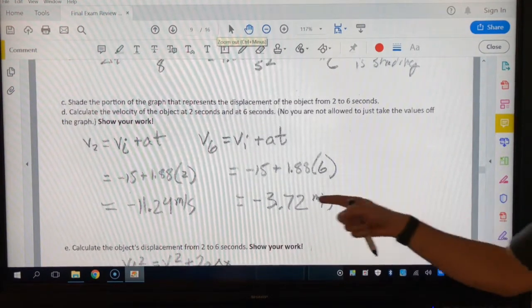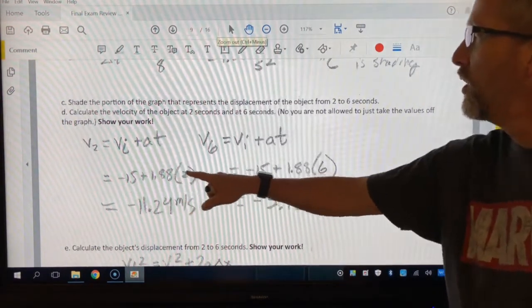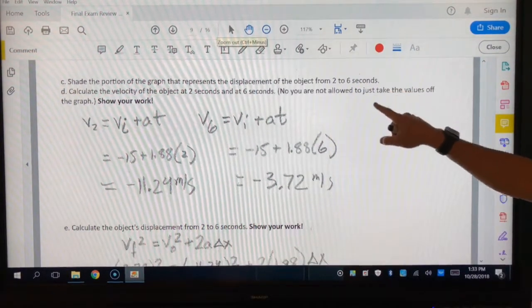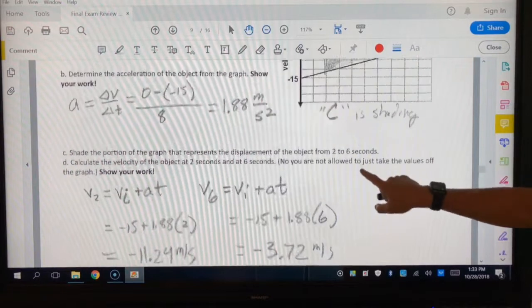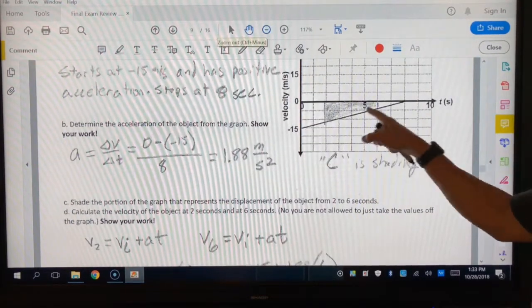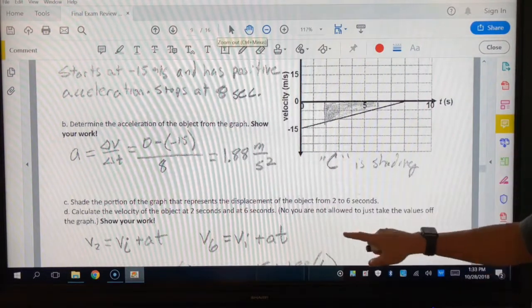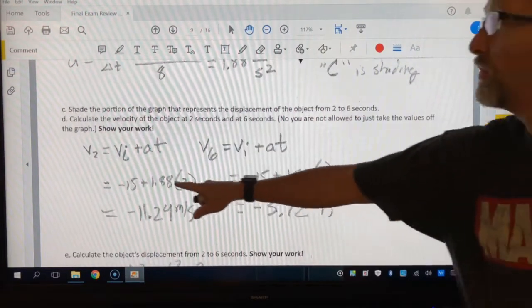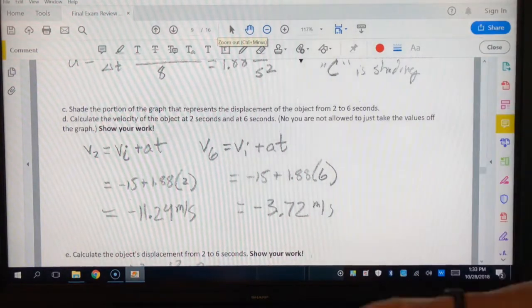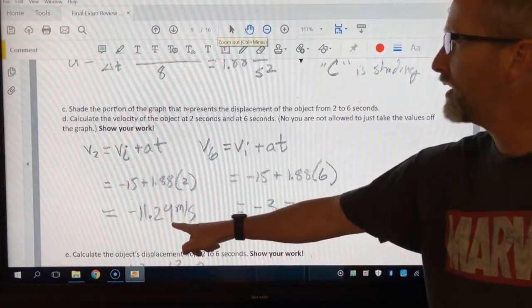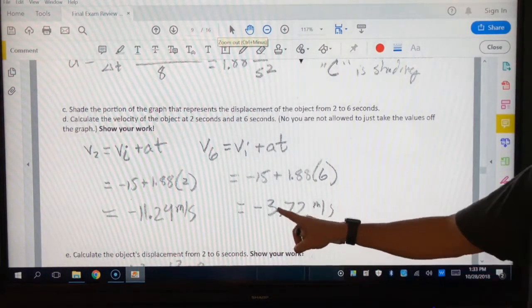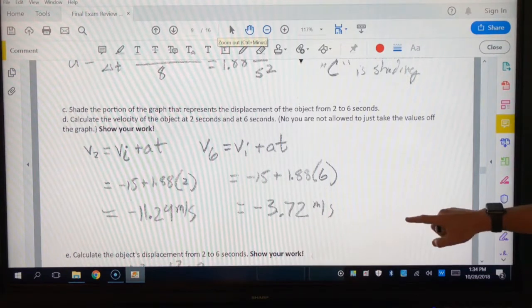We know the slope of the graph is 1.88. So we're going to use that, our original velocity, and the amount of time that we have to find out that the velocity is negative 11.24 meters per second, and here it's negative 3.72.